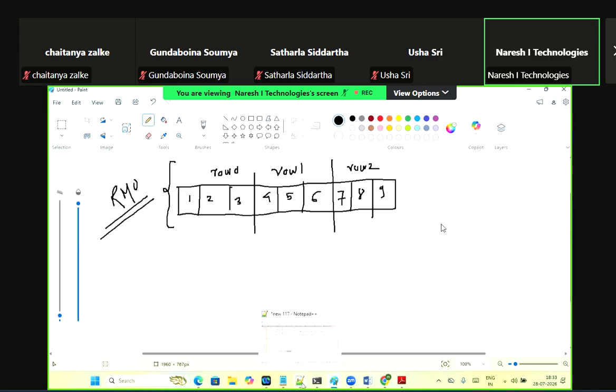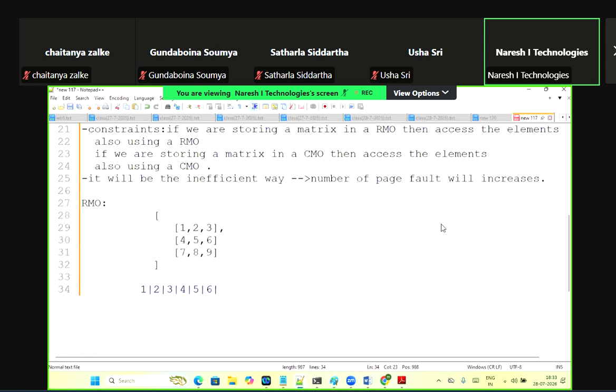But whenever I'm talking about the column major order, CMO will be you store column wise data. So column wise means you say 1, 4, 7, correct? Then 2, 5, 8, and then you say 3, 6, 9, correct? You're storing the data column wise here. That is nothing but the column major order.